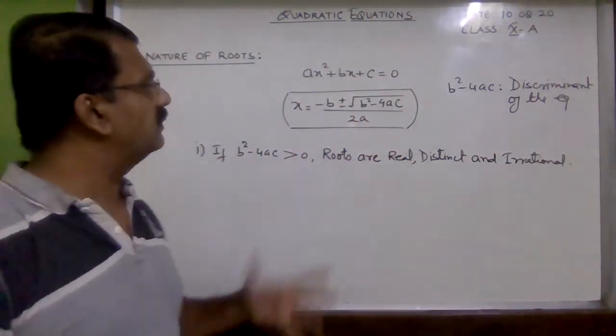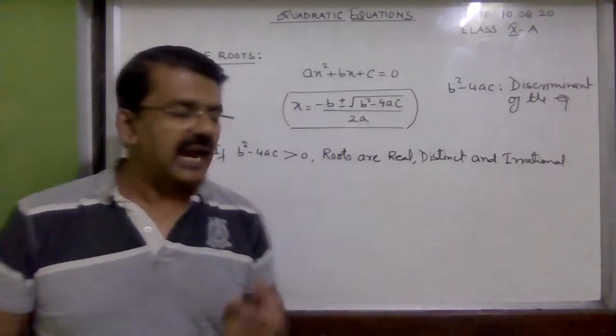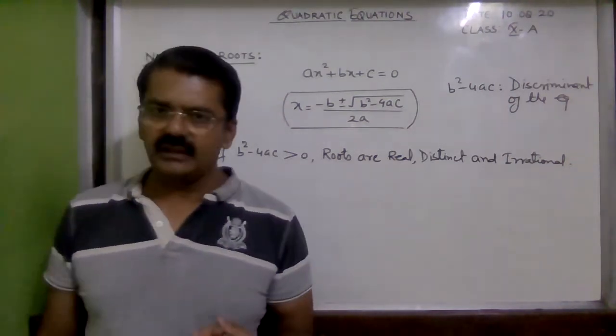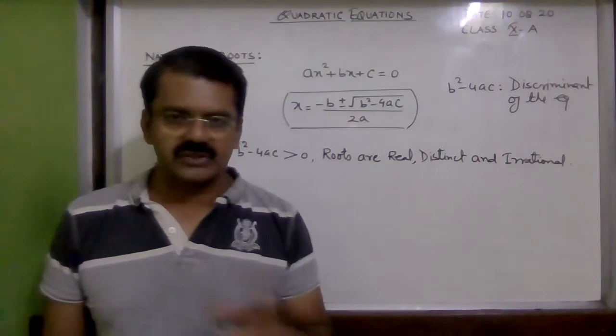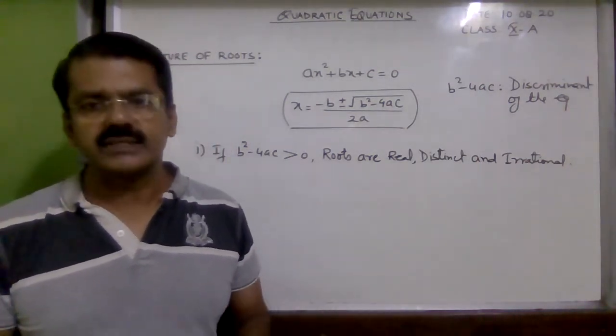So without solving the whole equation, just by seeing the discriminant, if the discriminant is positive, you can say that the roots are real, roots are distinct, means different, and they are irrational as square root is there.